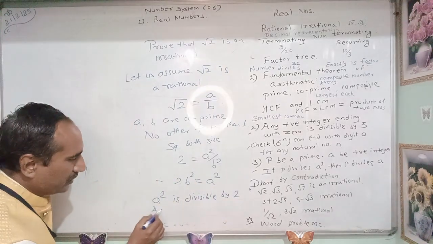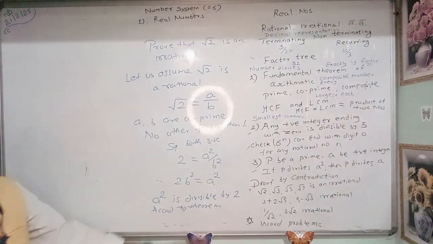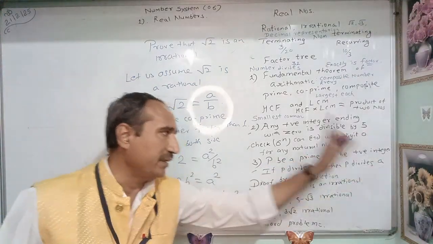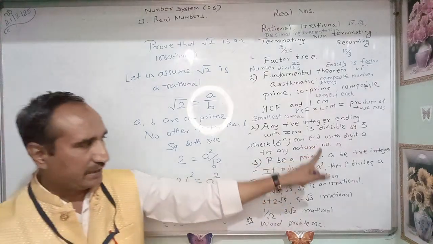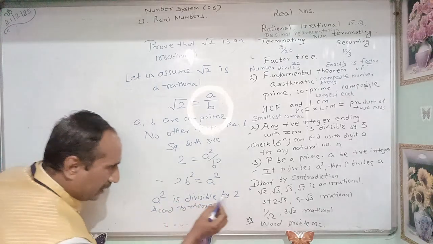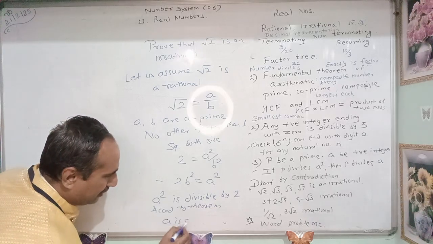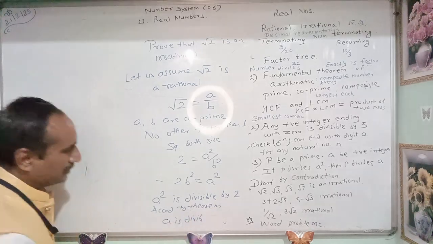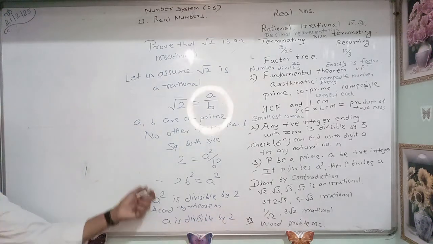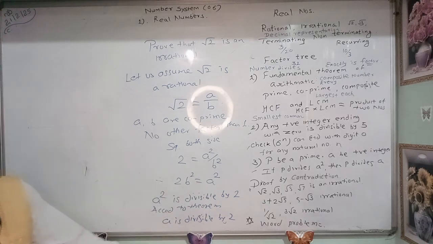And according to the theorem, which theorem? P be a prime, A be a positive integer. If P divides A square, then P divides A. It means 2 divides A square, so A is divisible by 2 also. According to this theorem, if 2 divides A square, then 2 divides A also.